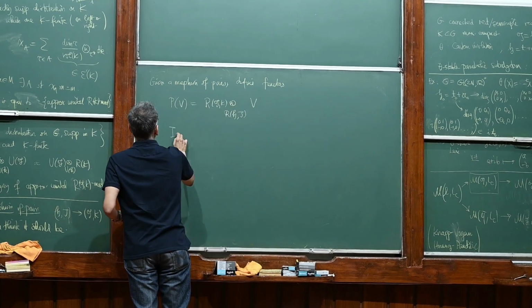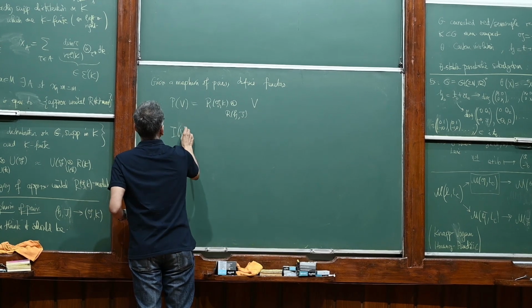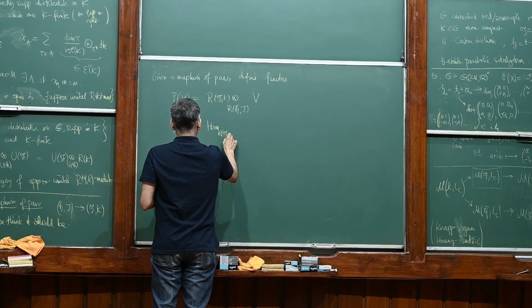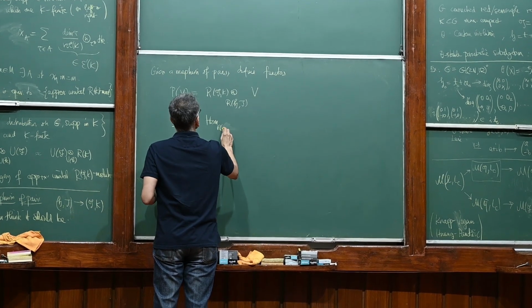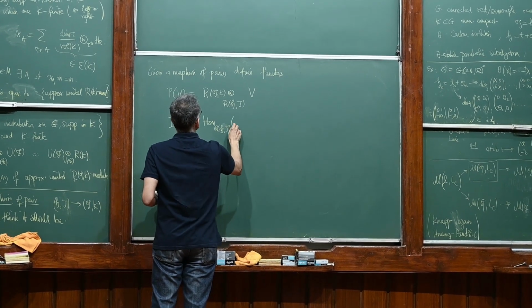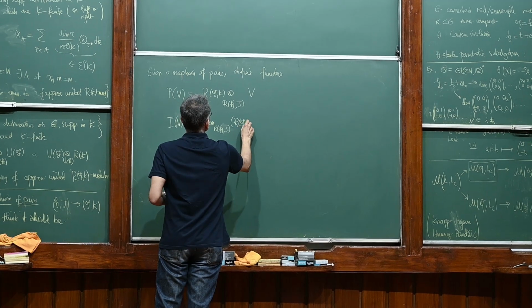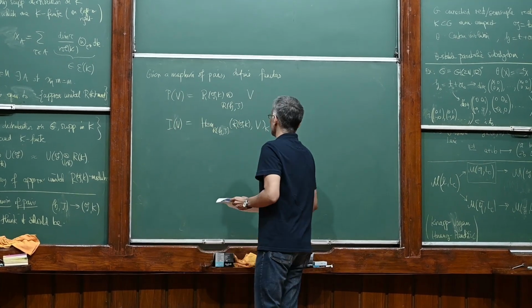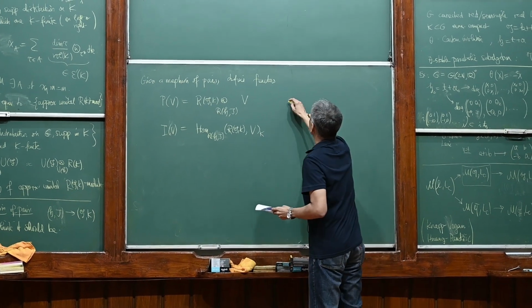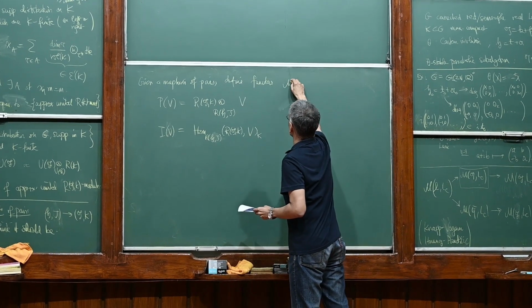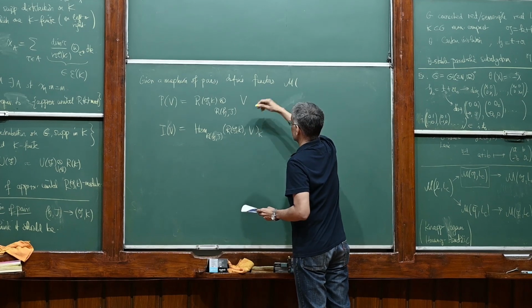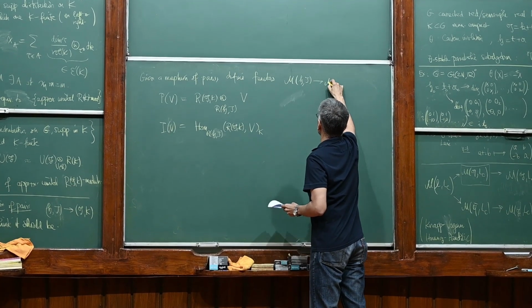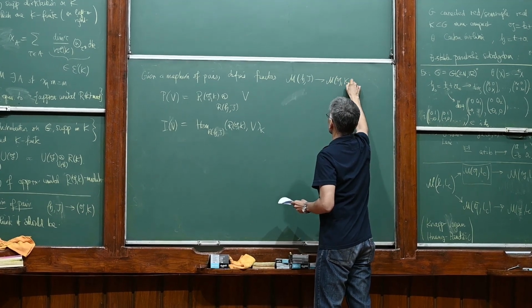And I. Okay, so both of these are functors from M H J to M G.